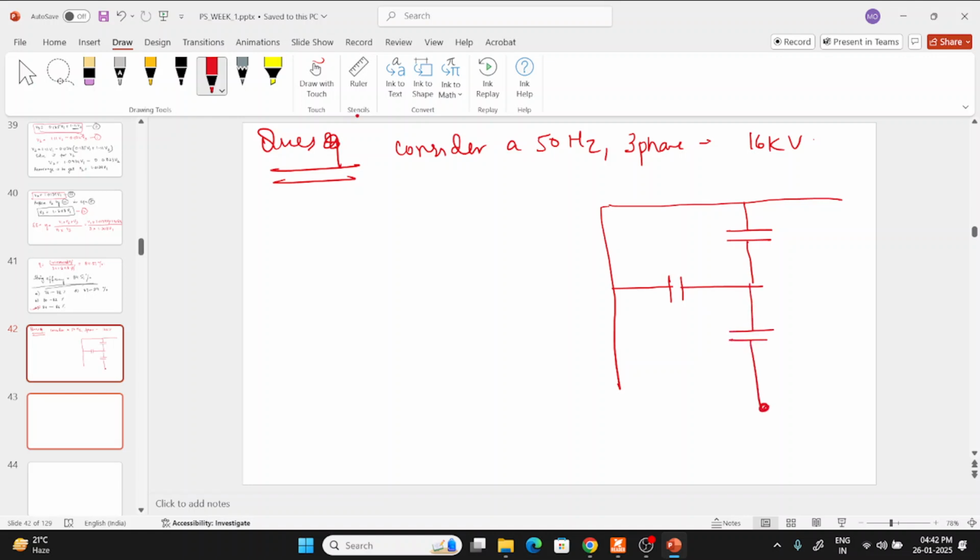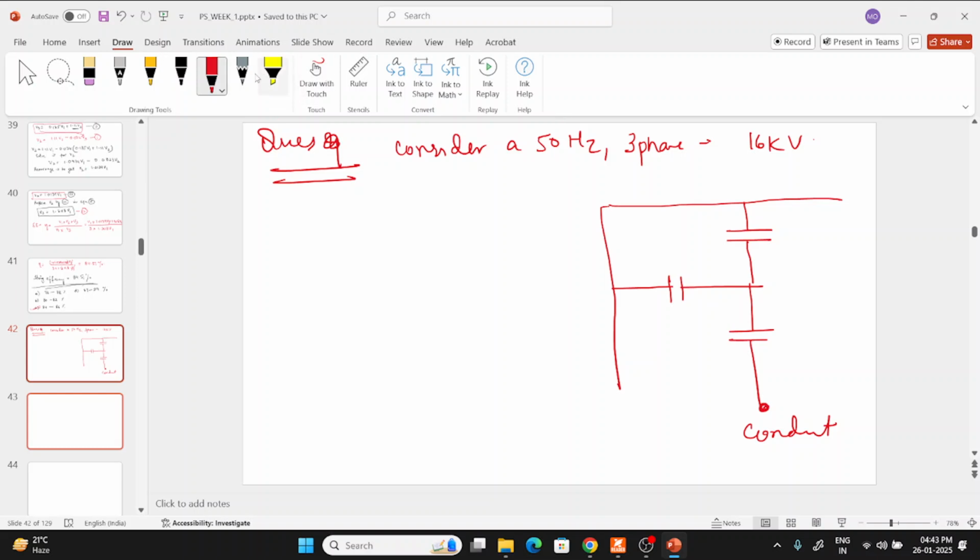This is the conductor. Okay, so it is given, consider a three-phase 50 hertz 60 kilovolt distribution system. Each of the conductors is suspended by an insulator string having two identical porcelain insulators, and the self-capacitance of the insulator is 4.5 times the capacitance between the link.